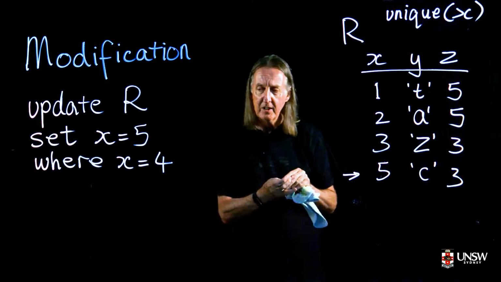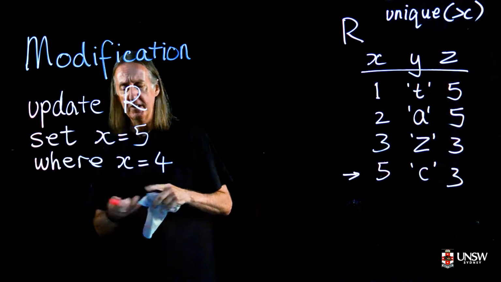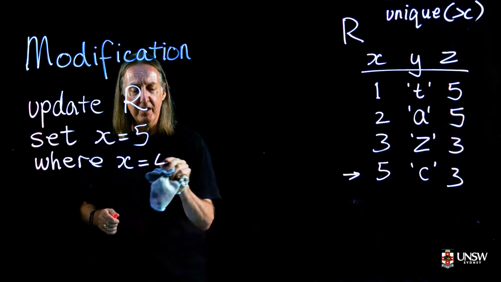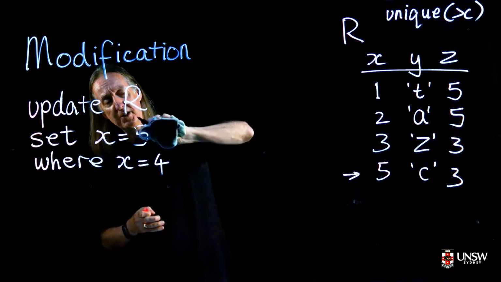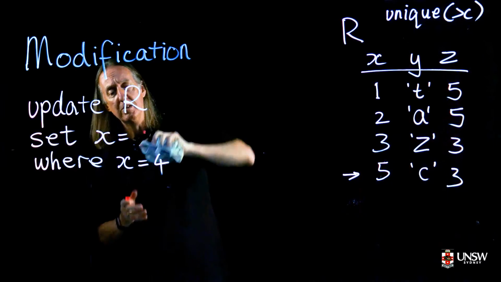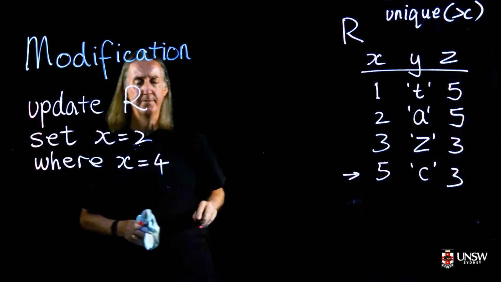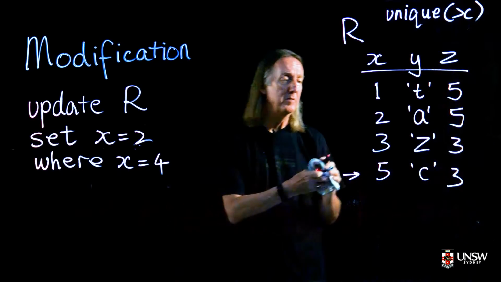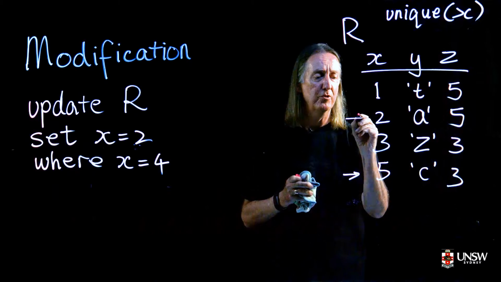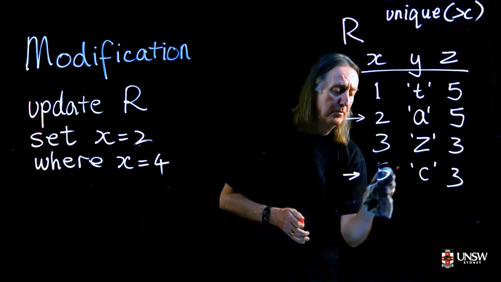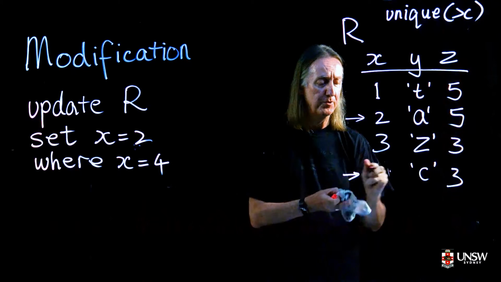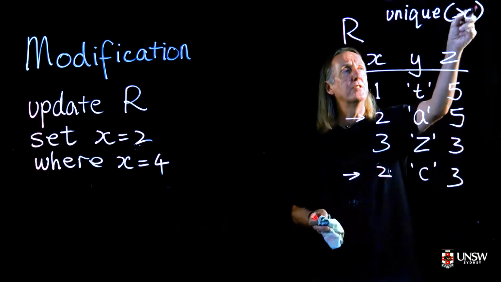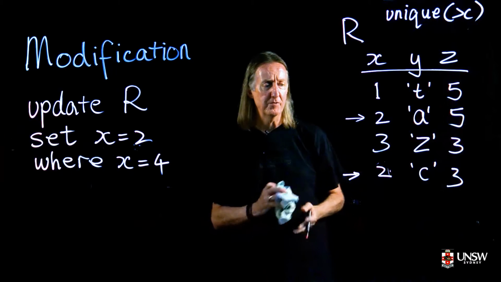Now, of course, what would happen if I tried to change the value? Oh no, that was the tuple I wanted. If I wanted to try and change the value to 2, then we've got a problem, because we've already got a tuple with 2 as the x value, so we can't have 2 tuples with an x value of 2, because the values in the x column have to be unique.